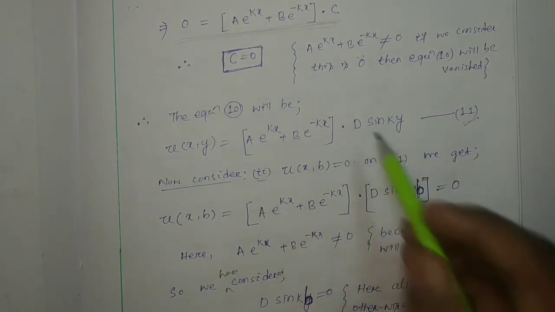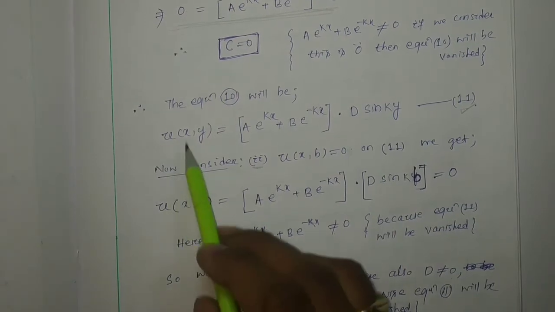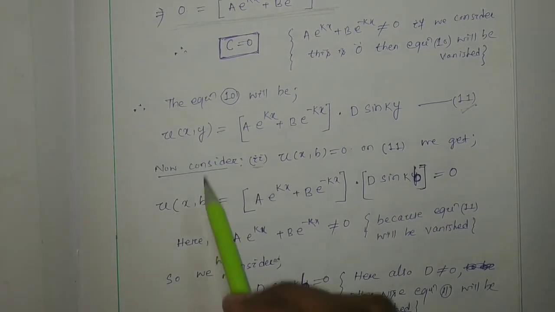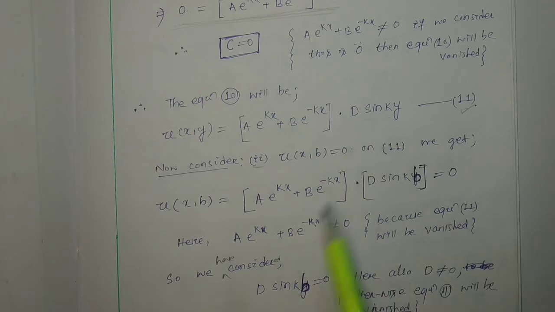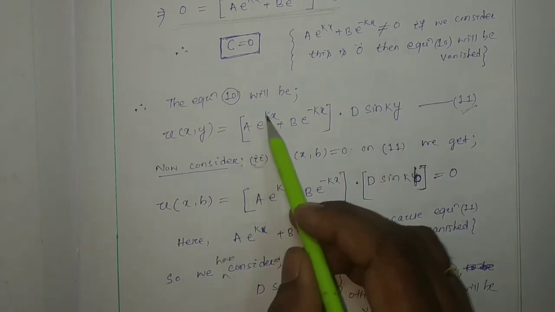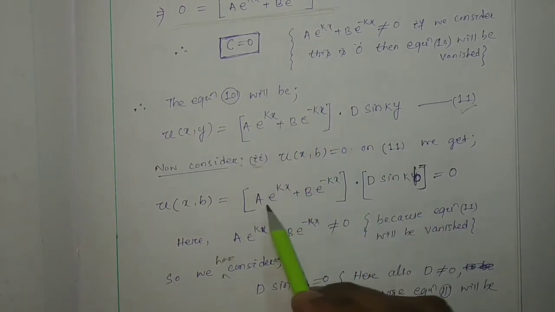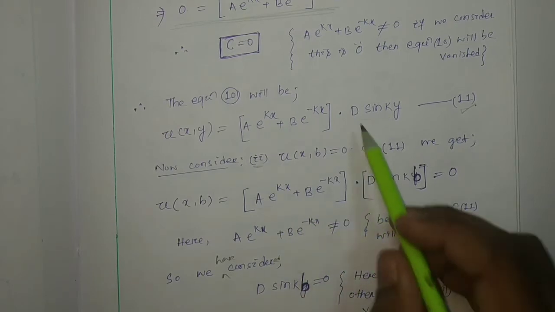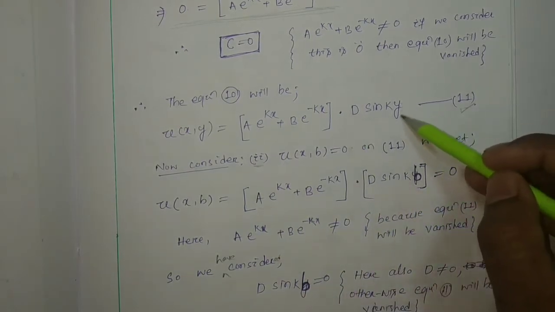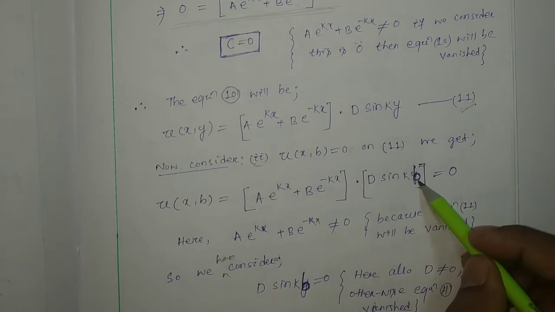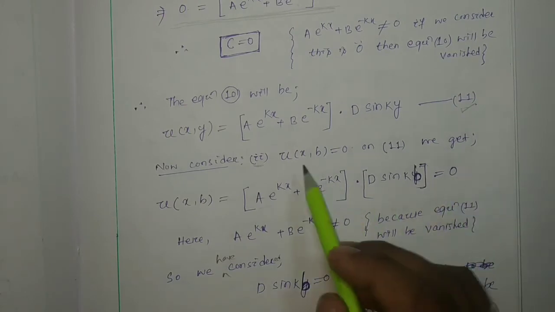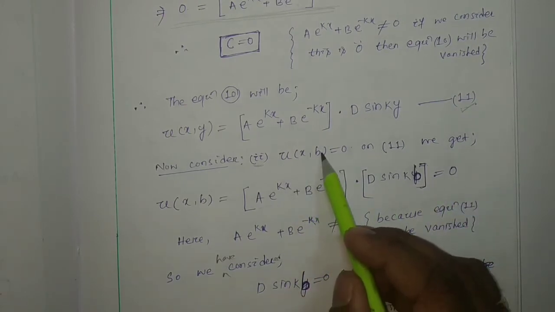So u(x,b) means wherever y is there, we have to put b. So here (A e^(kx) + B e^(-kx)), nothing changed, times D sin k, instead of y we put b, and it will be equal to 0, because the condition is that u(x,b) will be 0.